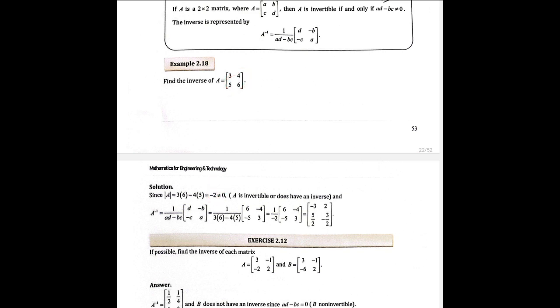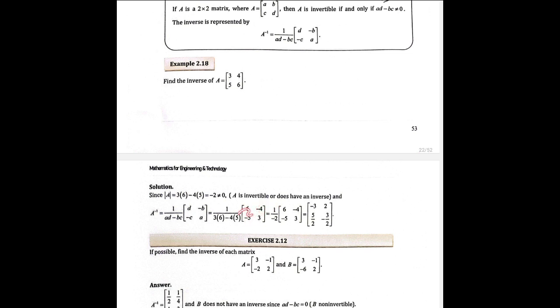So it is a signal that A is invertible, and we can proceed with the calculation of the inverse for A. Just input everything: 1 over the determinant, then swapping the 3 and 6, so it becomes 6, 3, and changing the sign of 4 and 5, so -4, -5.